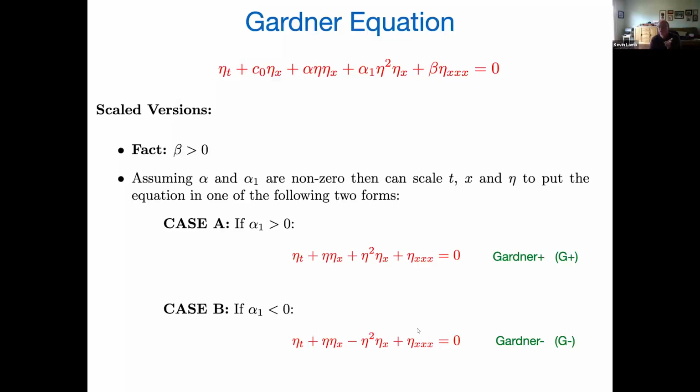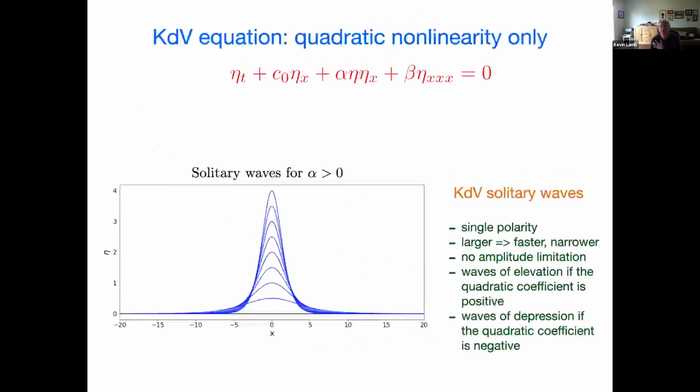And these two equations have very different properties, as many of you are no doubt aware. So if we go back to the KdV equation where we only have quadratic nonlinearity, here we've got solitary wave solutions with the following properties. There's a single polarity.